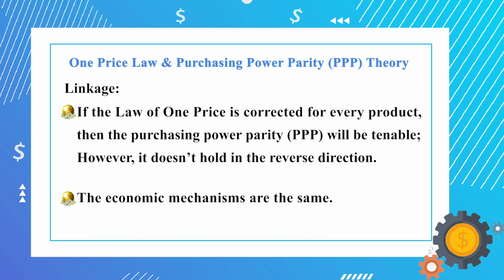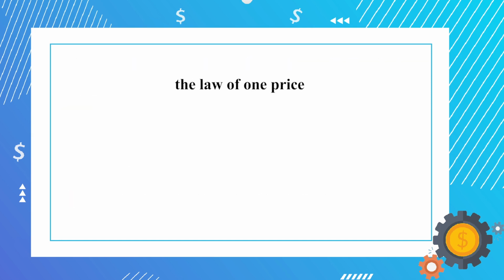The exchange rates determined by the two theories are market rates. However, as we already explored, exchange rates in different regions determined by the law of one price can be far away from the actual exchange rates.